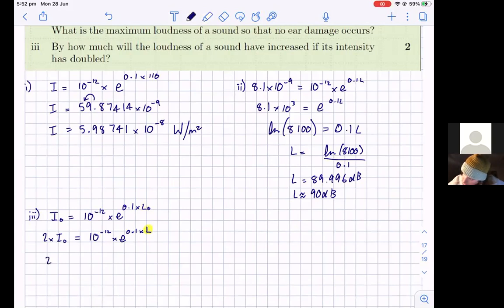So we've got 2 times 10 to the minus 12 times e to the 0.1 times L naught equals 10 to the minus 12 e to the 0.1 times L. So we can get rid of those 10 to the minus 12s. We've got 2 e to the 0.1 times L naught equals e to the 0.1 times L.